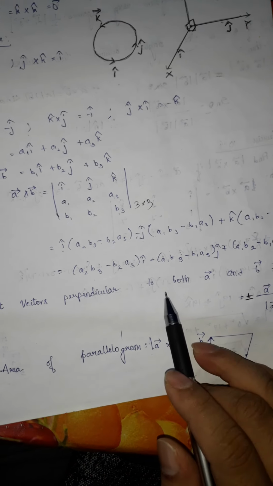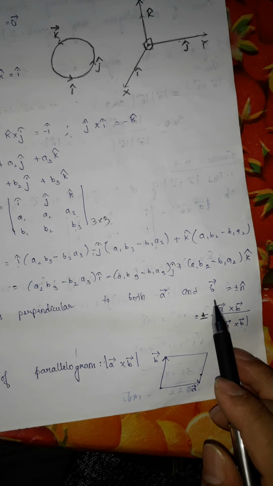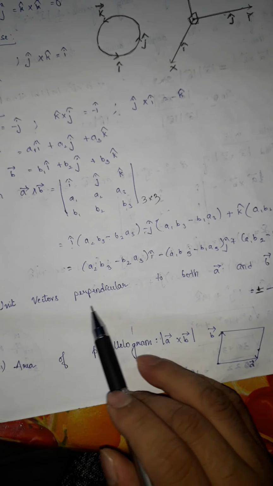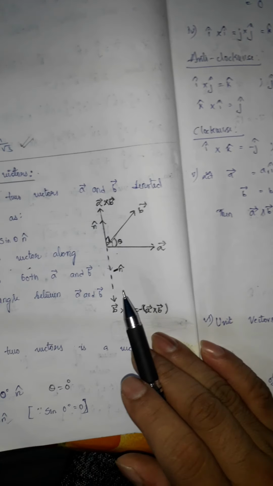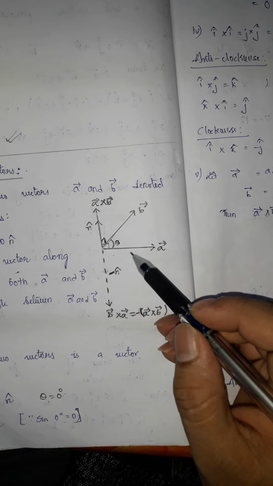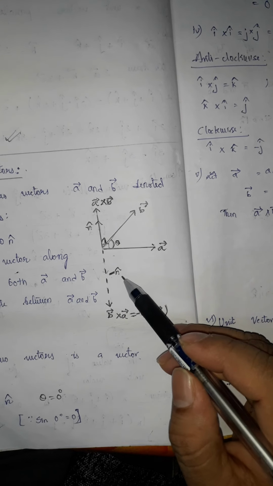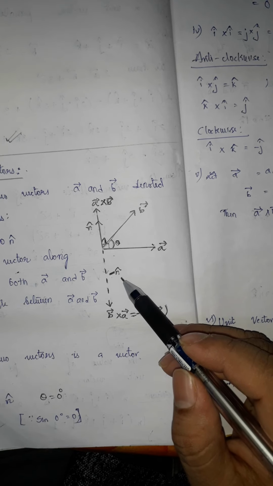Unit vectors perpendicular to both A and B. We have two unit vectors perpendicular to both A and B. One is n cap, another is minus n cap.